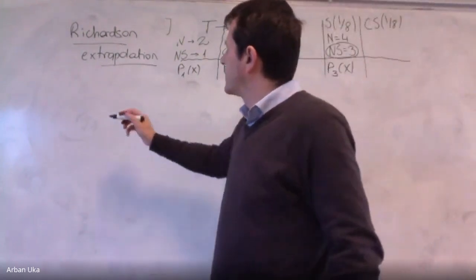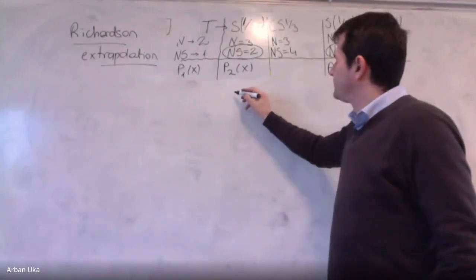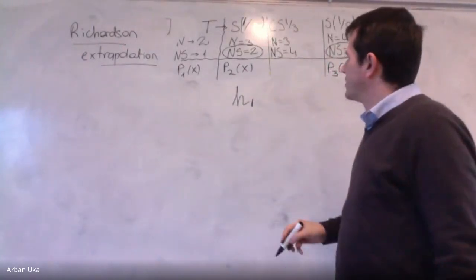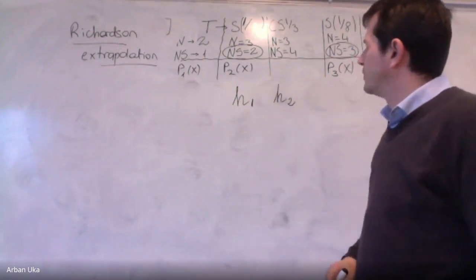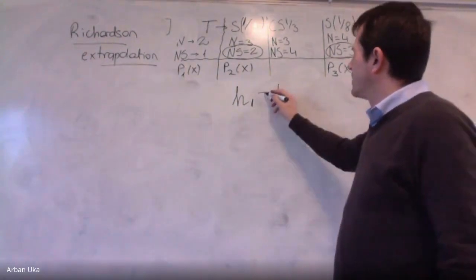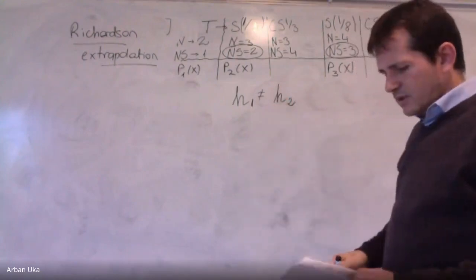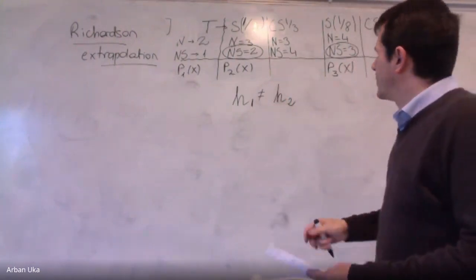So then it looks like we can use a distance of h1, or we can use a different distance of h2. But they are not equal, okay, so let's assume that they are not equal. If we have these two h's, we can write the following.